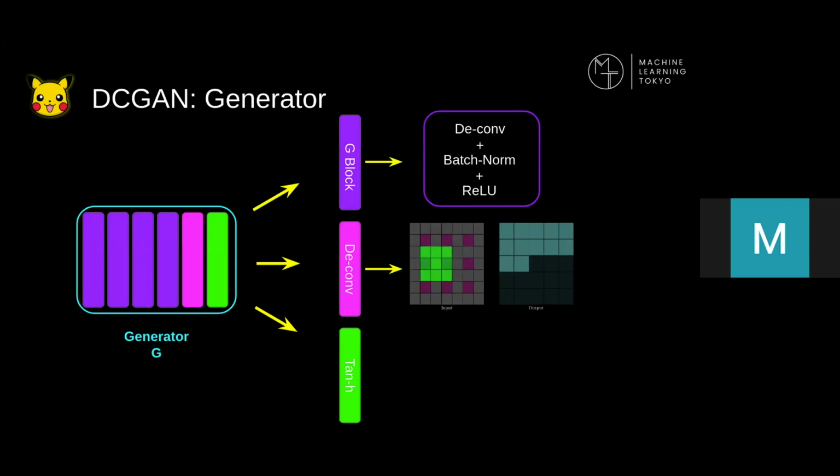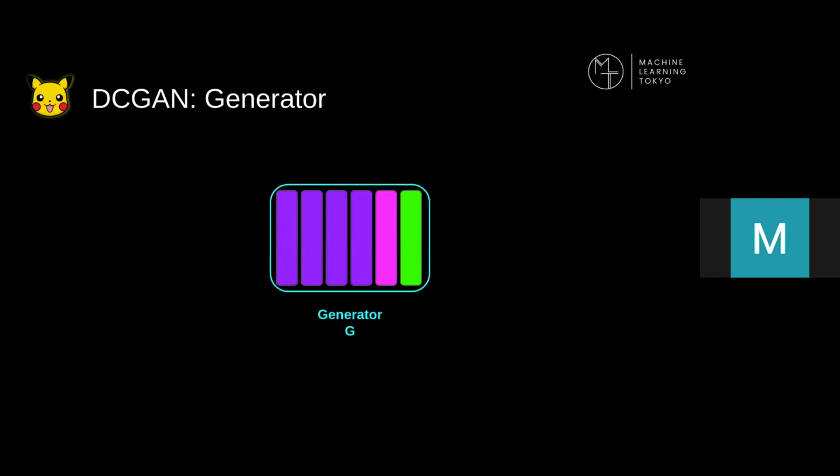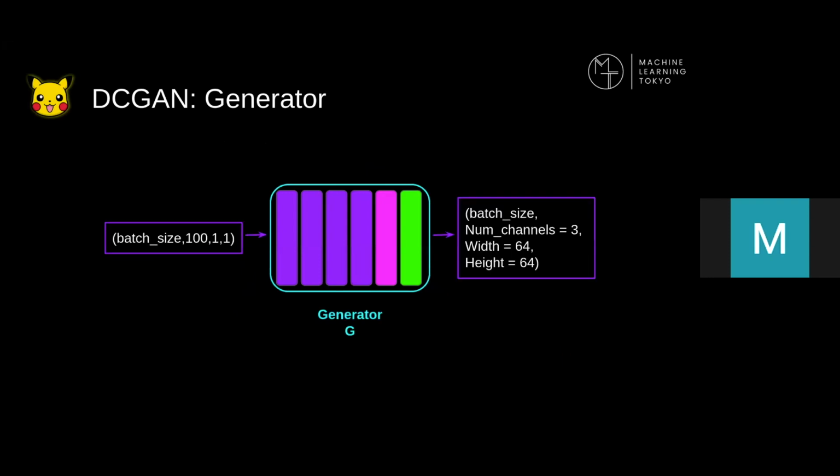Of course, as I mentioned earlier, this is deconvolution. Now, as we've done in the previous session, this is the input shape and this is the output shape.